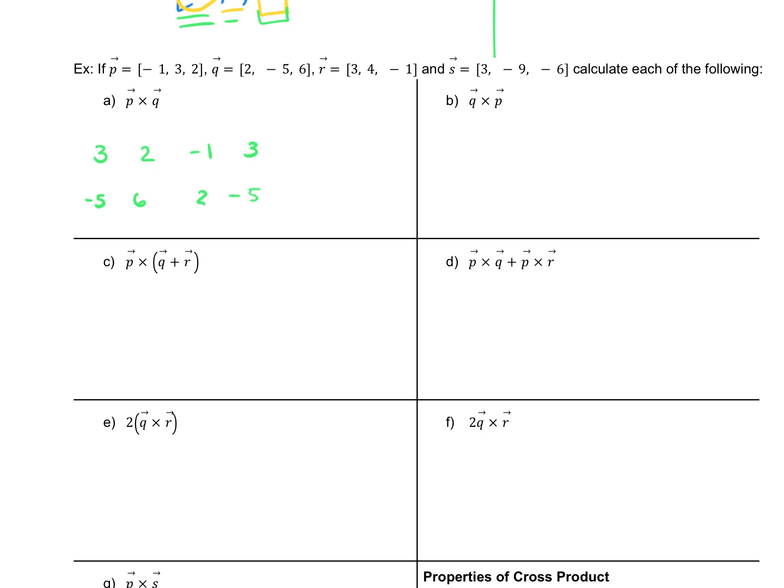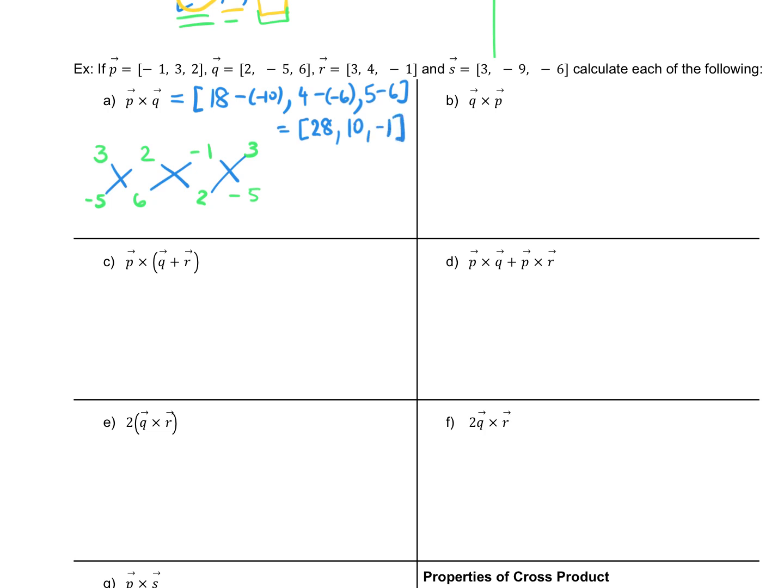And now we cross. 18 minus -10. 2 times 2 is 4 minus -6. -1 times -5 is +5 minus 2 times 3 is 6. Clean that up and we get 28, 10, and -1 for that perpendicular vector.